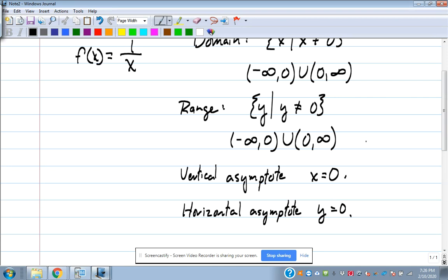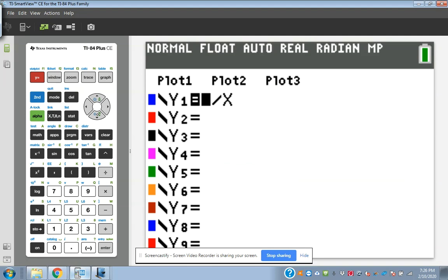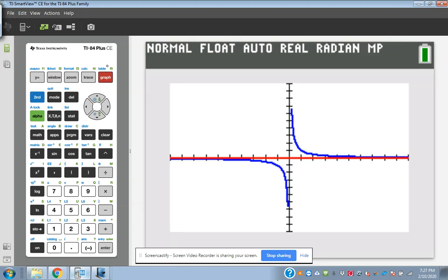So those are where these are at for the 1 over x function. It changes depending on what the function is, where those are happening. But if you look at the graph, you can see these places. I'm gonna hit y equals, and I'm gonna graph the y equals 0 asymptote there. That's that horizontal one. You can't hardly see that. I wish it was a different color. The horizontal asymptote at y equals 0 goes right here.